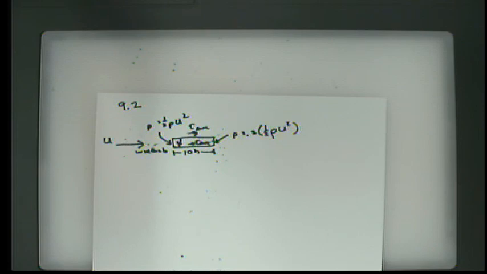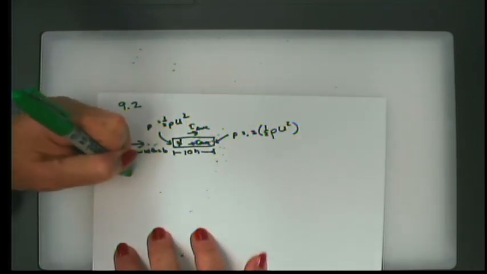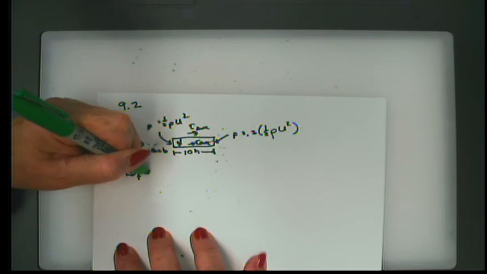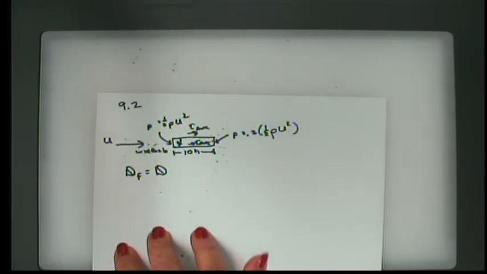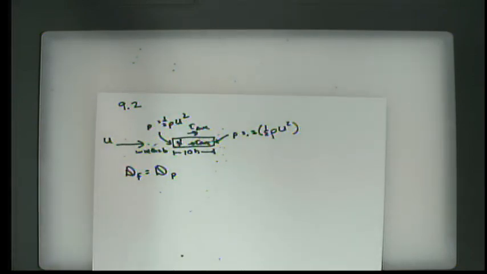Assuming that the drag due to pressure is equal to the drag due to viscous effects, that tells me the viscous effects are friction, right? So the drag of friction is equal to the drag due to pressure. We don't know what those formulas look like yet, but we will in a moment.